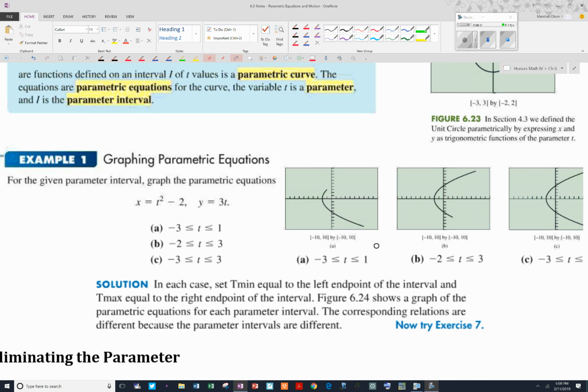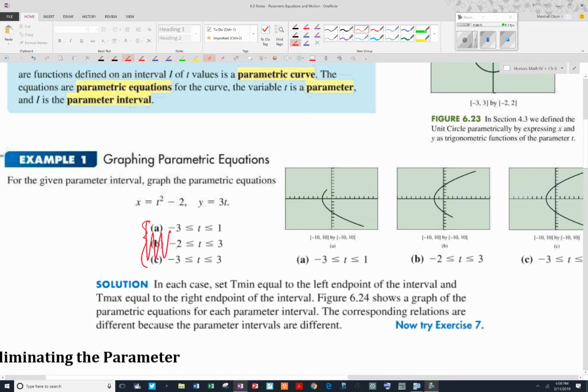When you have parametric equations, they are two equations that define x and y as functions of t. So if we look at example one here, these are the two parametric equations that make up the graph that we see to the right there. Now, there's three different graphs, and that's because we've restricted t on these three different intervals here.